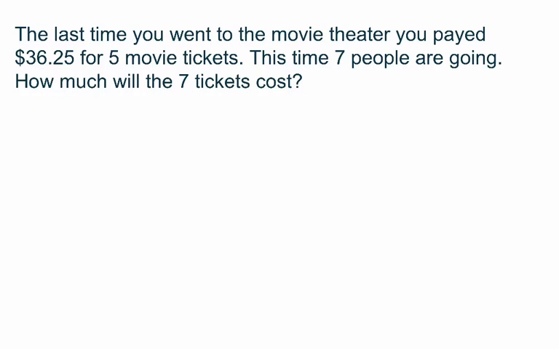All right, so essentially, we're given a rate of $36.25 for 5 movie tickets, and we want to know how much for 7 movie tickets. Now, we can't just double the cost of 5 tickets or divide it or anything of that sort to get to the 7 tickets.